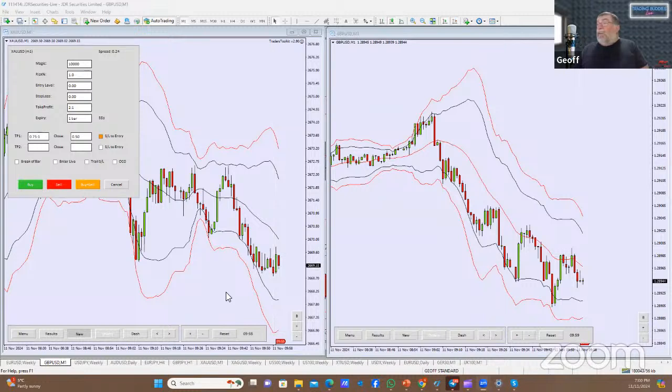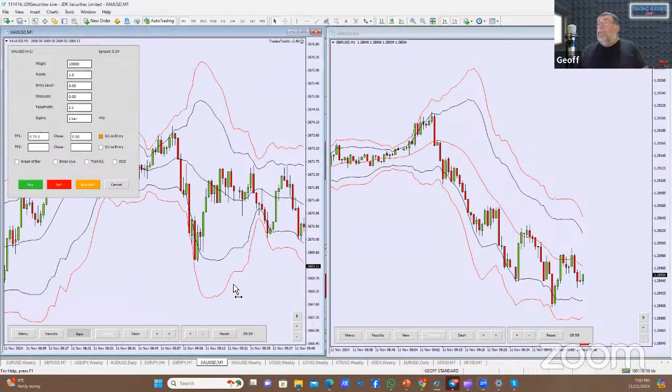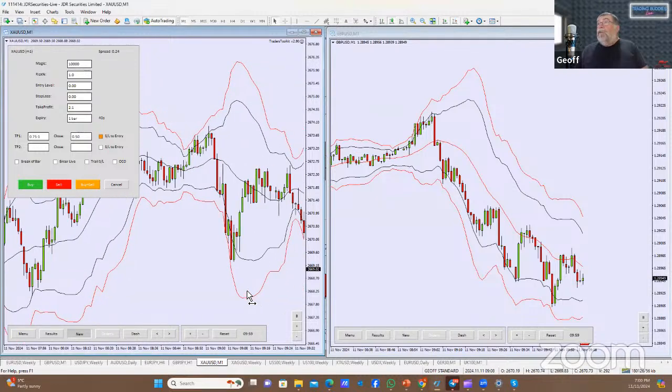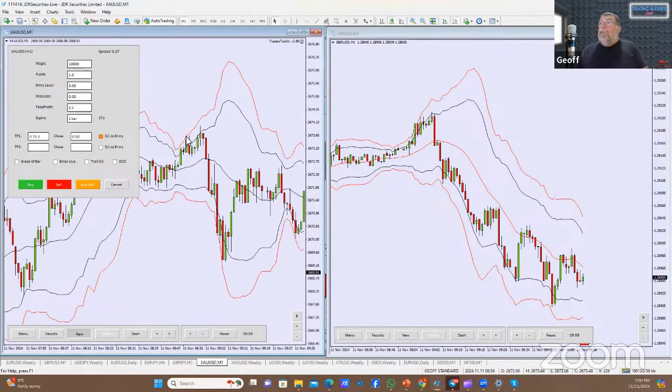Righto. So to give you a brief example of what we're looking for, let's go to this chart here because I can see a couple of examples even today. So here we've hit, touched or closed on the 3 deviation standard Bollinger Band. Then we've closed below the black one, which is the 2.